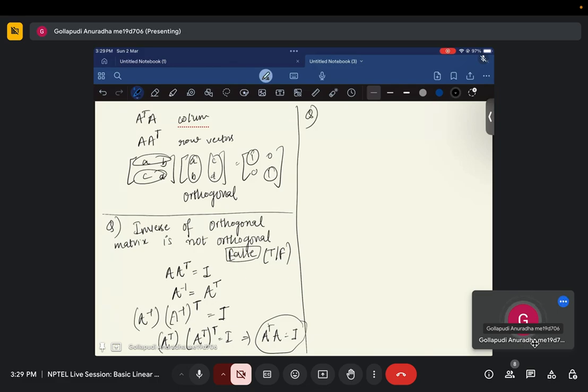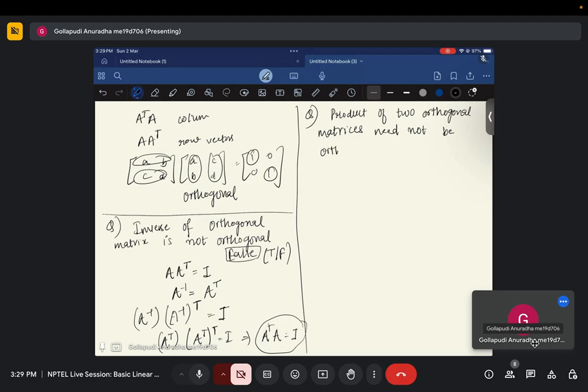Okay, another question. The product of two orthogonal matrices need not always be orthogonal.